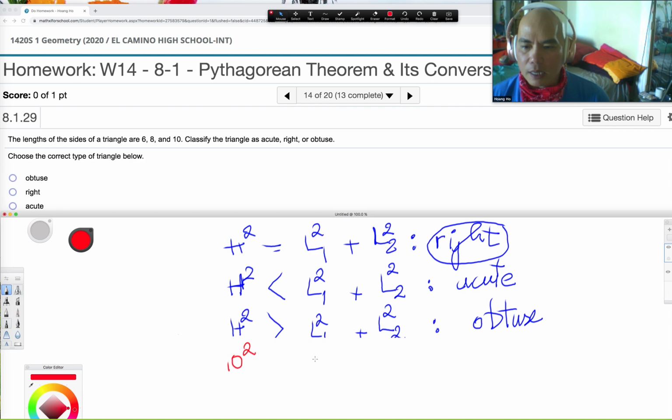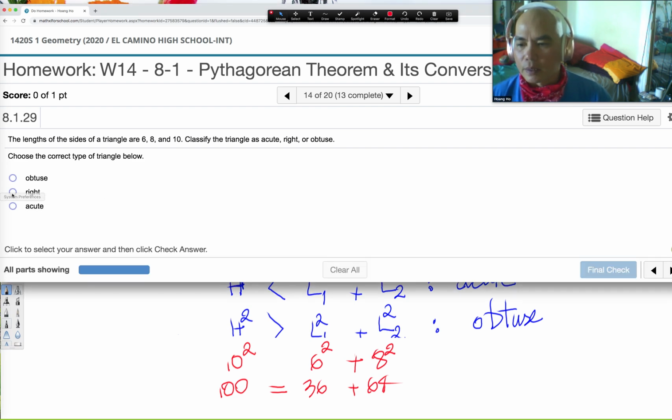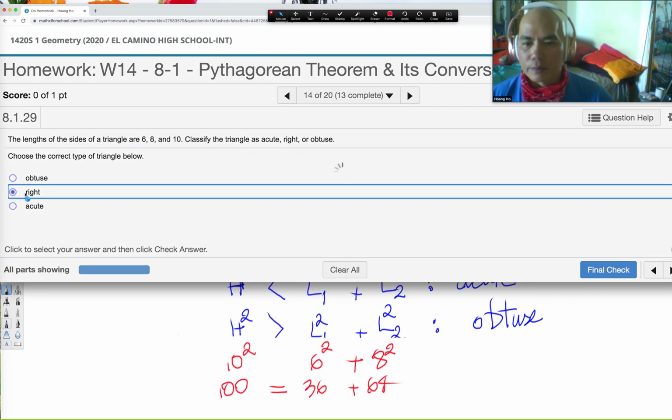I square the 10, and I compare with 6 squared and 8 squared. 10 squared is 100. 6 squared is 36, and 8 squared is 64. Oh, it's equal again. So that's a right triangle. Okay. So right, here we go.